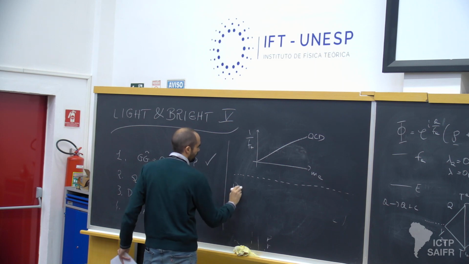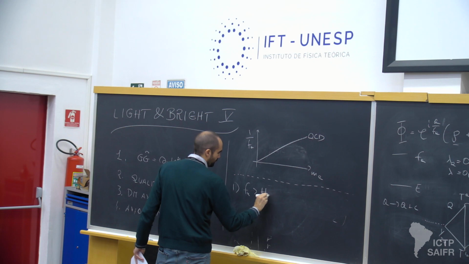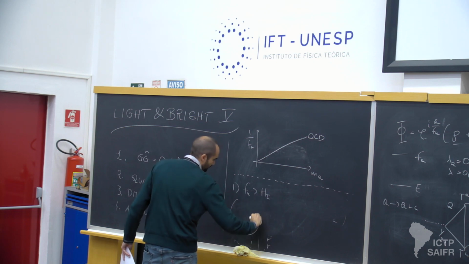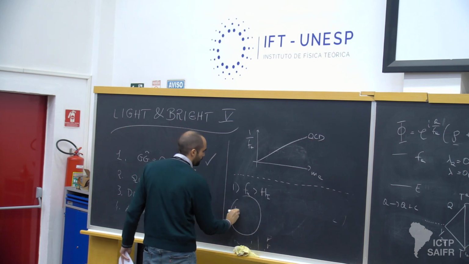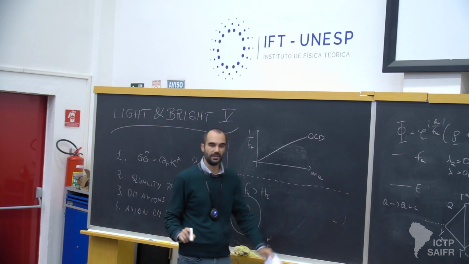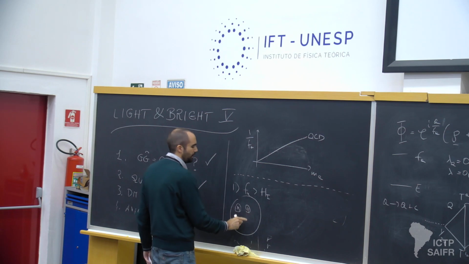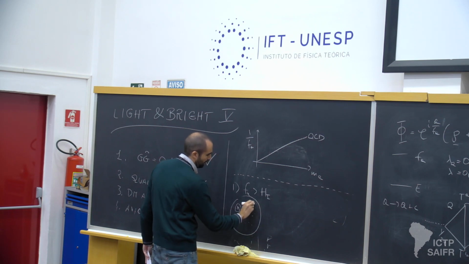So if F_A is bigger than Hubble during inflation, then you can imagine that the universe started with many different values of theta. When I say theta, I mean the misalignment in this discussion. So theta 0 can have some value here, some different value here, and so on.